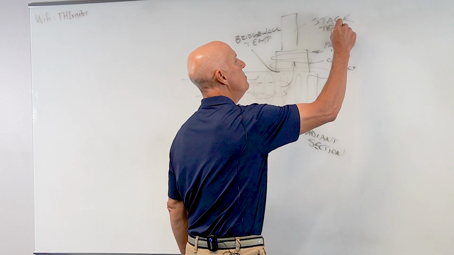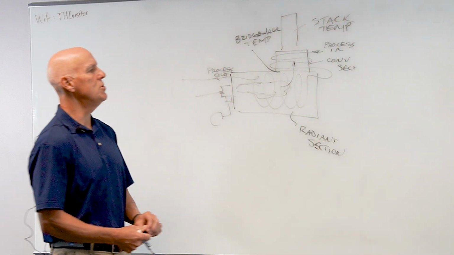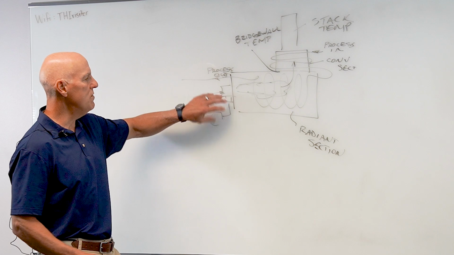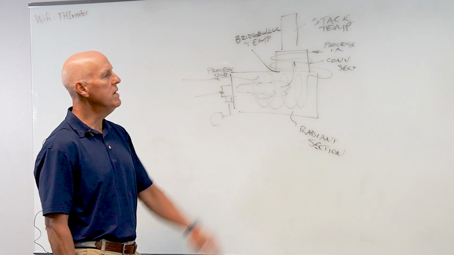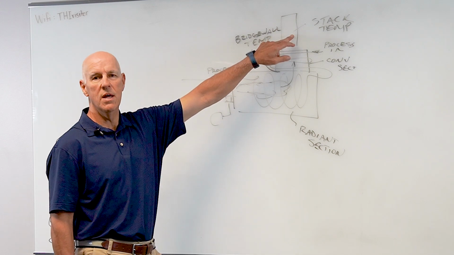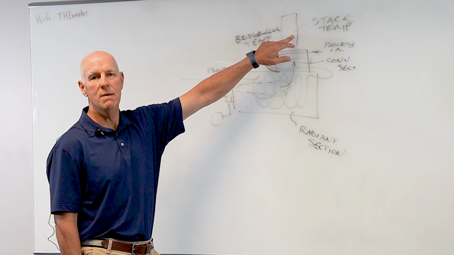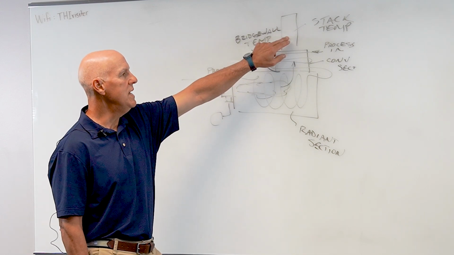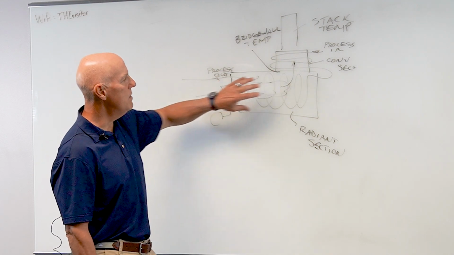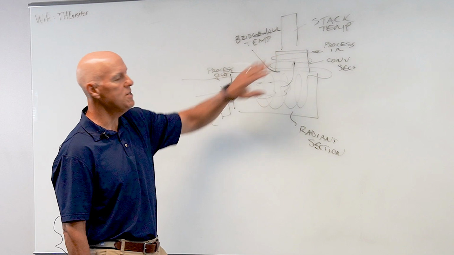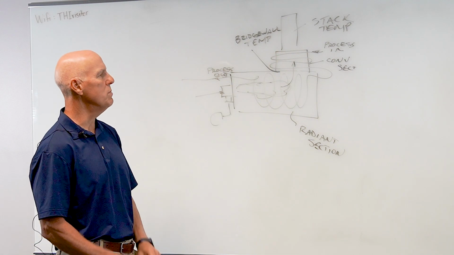That's important. Another important temperature for flue gas is the stack temperature. Okay, stack temperature is a good indication of how much of the heat from combustion you are putting into the process. So if this stack temperature is low, that's a good thing. That means your heater's efficient. If this stack temperature is high, not good. That means you're not absorbing the heat from the flue gas in the way that you think you should absorb it.